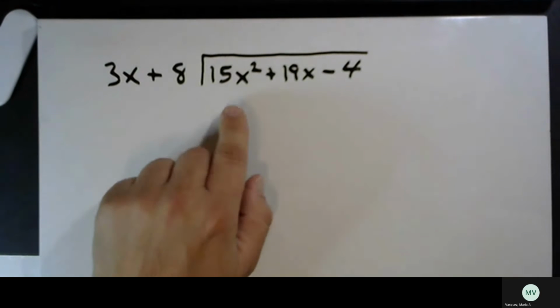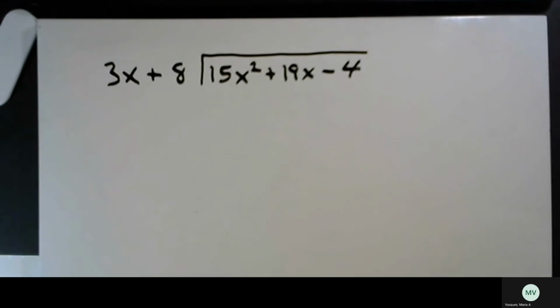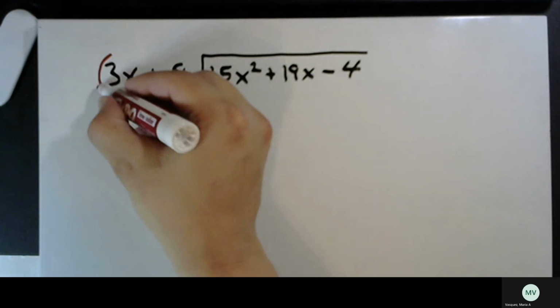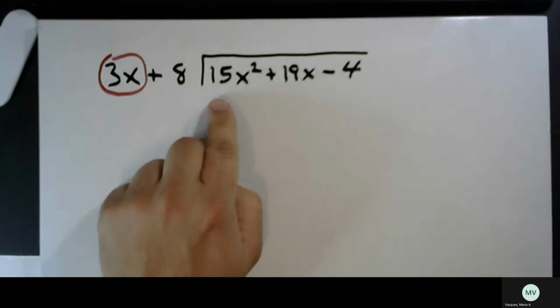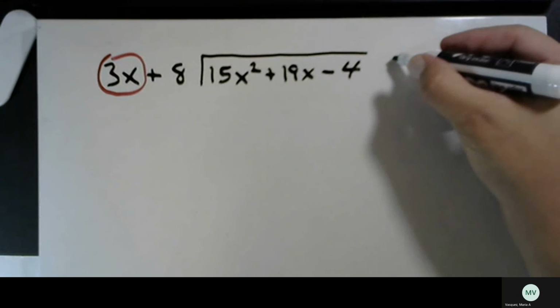Now for this one, again, we're going to have 3x doing all the work. We have 15x squared.